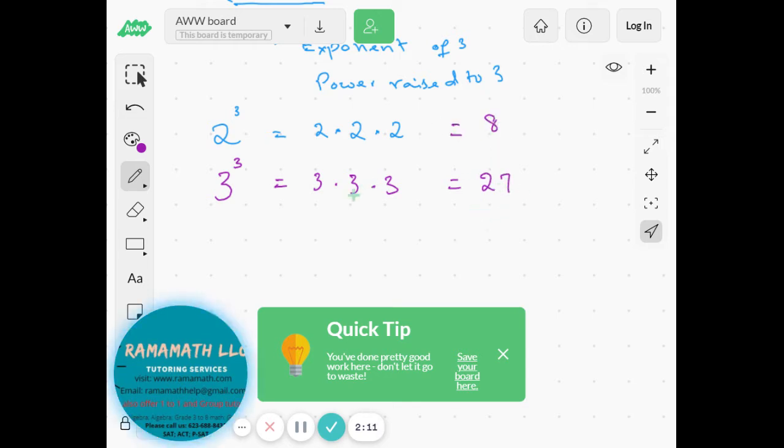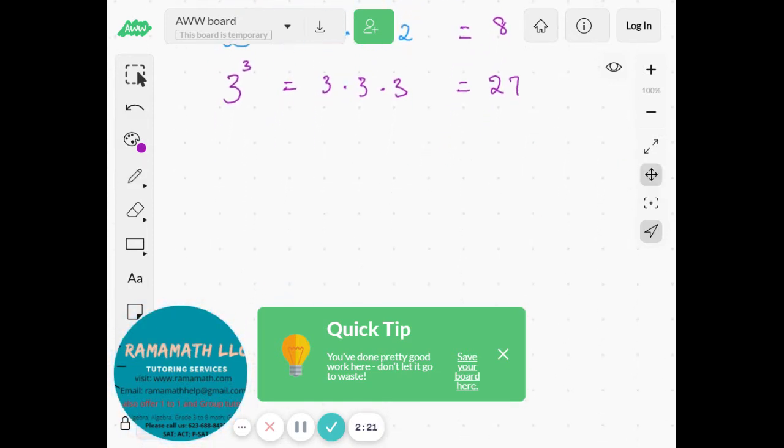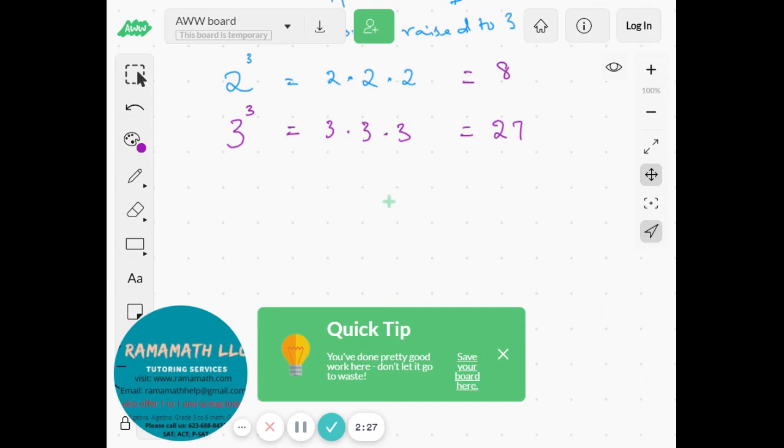The same way we did square roots, we can do cube and cube roots too. So the cube root is the inverse of the cube. Let's say I write the cube root like this. Watch this.